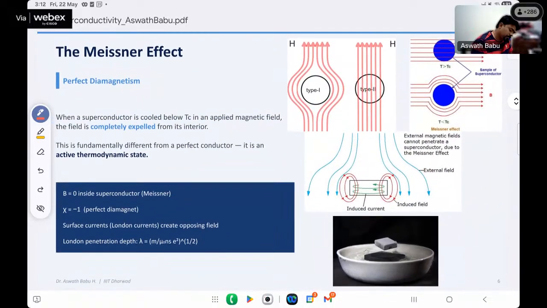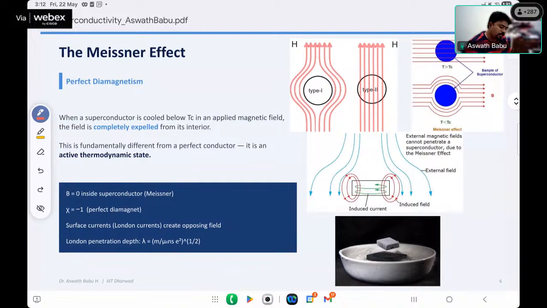This is a figure for you to describe what the Meissner effect is. When a superconductor is cooled below the threshold temperature in an applied magnetic field, you know what happens? The field lines of the applied magnetic field are completely expelled from the material. If not, then you might say it is a type 2.